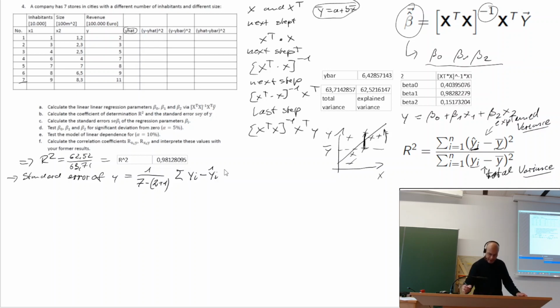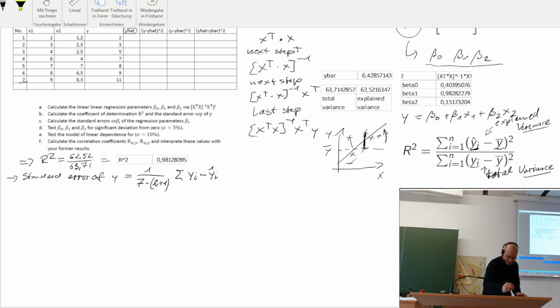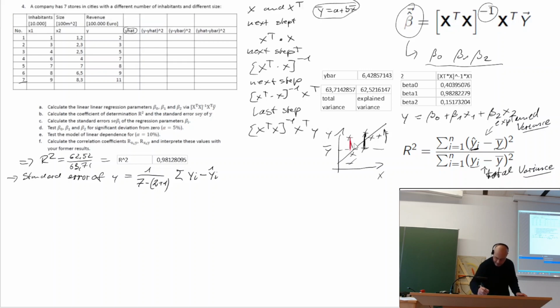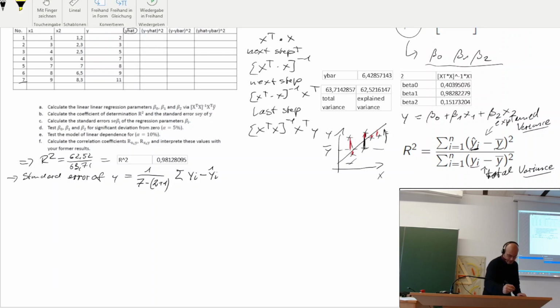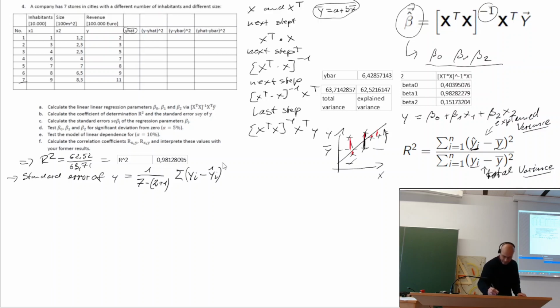In the two-dimensional case, we are interested in these distances with respect to the regression line, in our case a regression plane, squared.